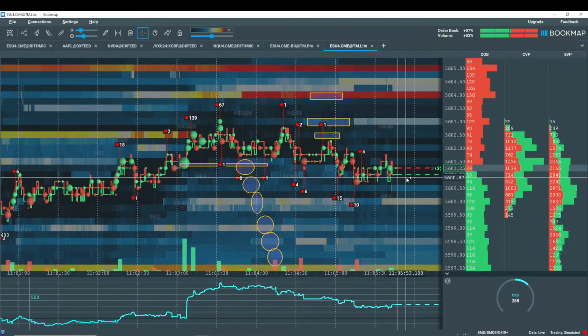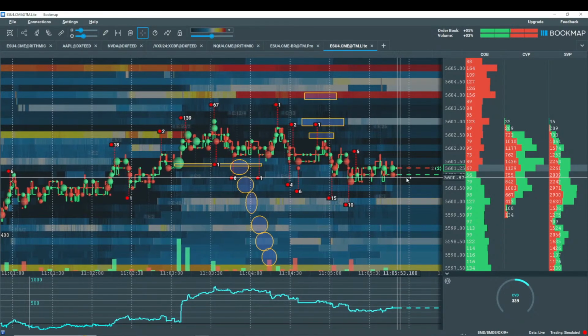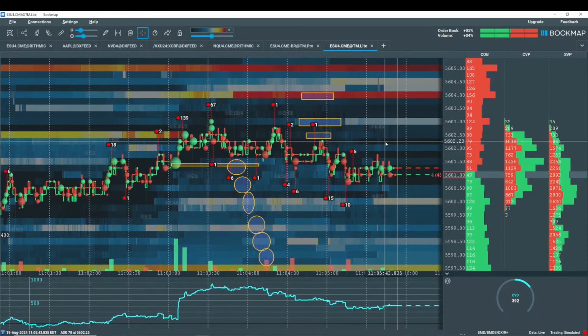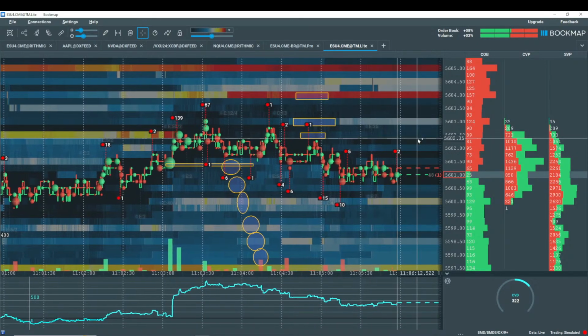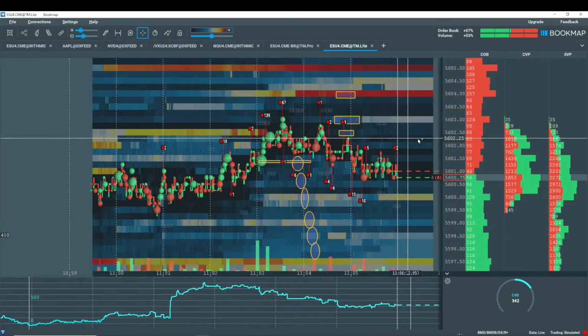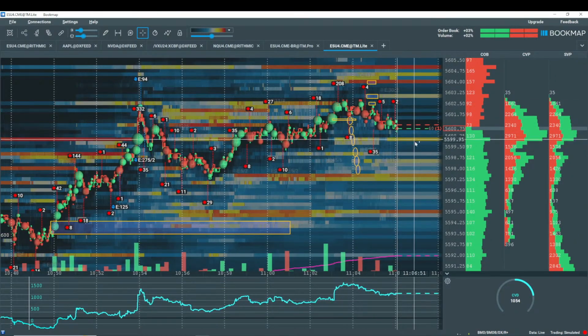Exhaustion on the buy side. And let's see it, sellers right in here at 01. And let's see if they can take it down here.